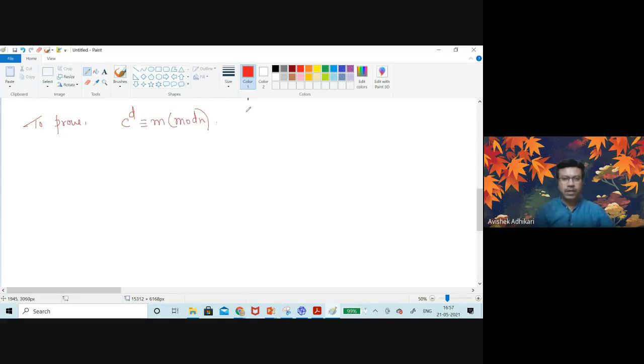Note that c was m to the power e modulo n. And what is the relation between e and d? ed is congruent to 1 mod phi n. Note that this is not mod n, but mod phi n. Now from here I need to prove this result, and this part is already given.